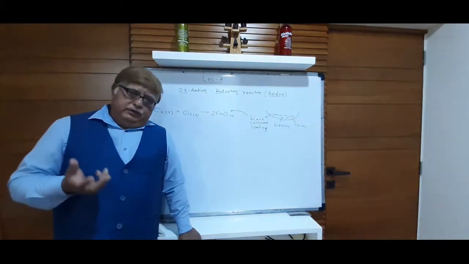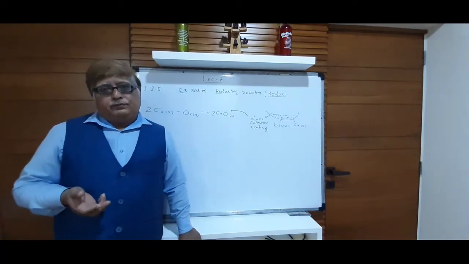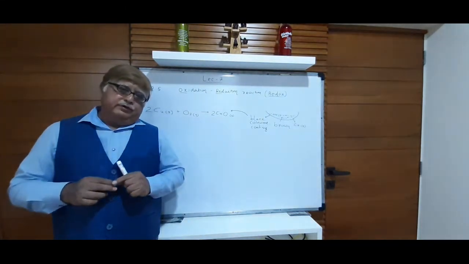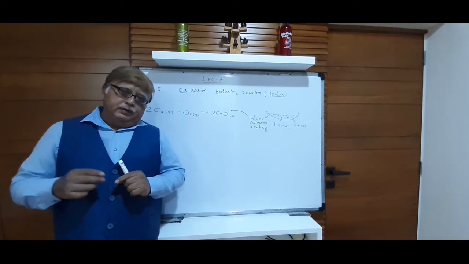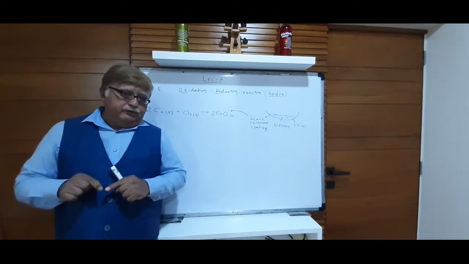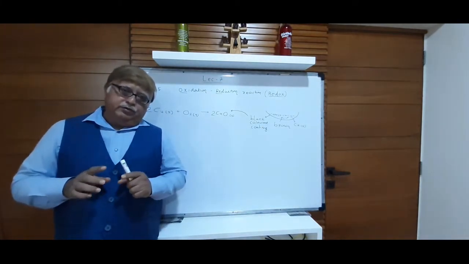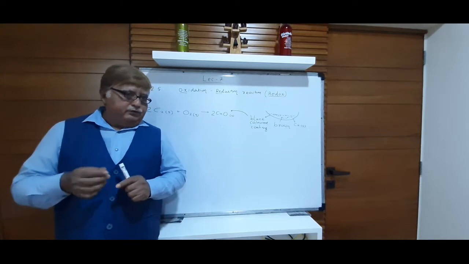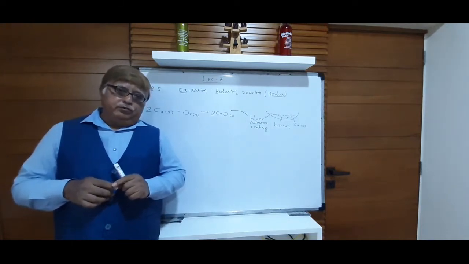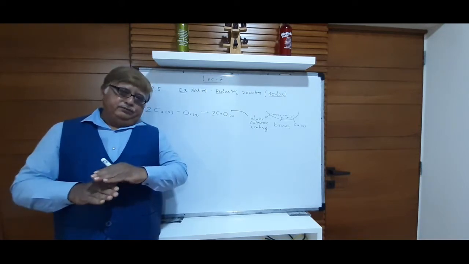Understood? One another example we have discussed, if you can remember, in the electrolytic decomposition reaction, when electric current is passed through acidified water, it decomposes into hydrogen and oxygen gas. You know that 2H2O gives 2H2 plus O2. Now my dear student, just think of the reverse of that.